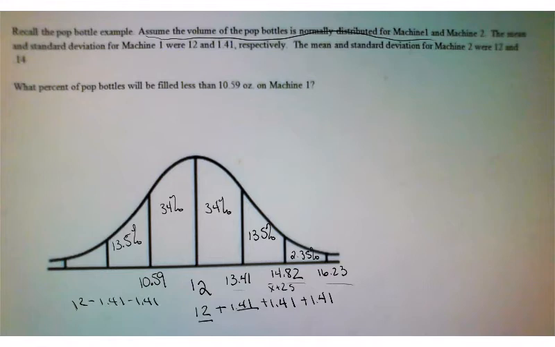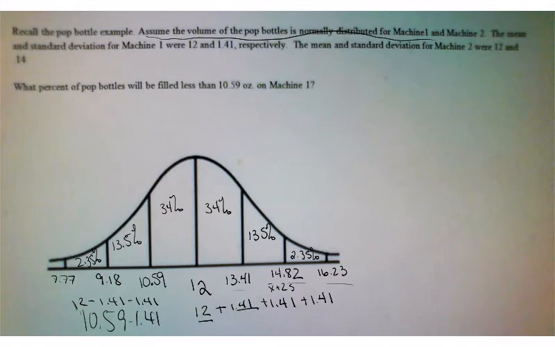In other words, from that 10.59, let's take off the standard deviation again. So the value along our x-axis is going to be 9.18. To get that last 2.35% of the data, we come back another standard deviation, so a total of 3 standard deviations from the mean. So if we just subtract 1.41 again, that gives us this value.